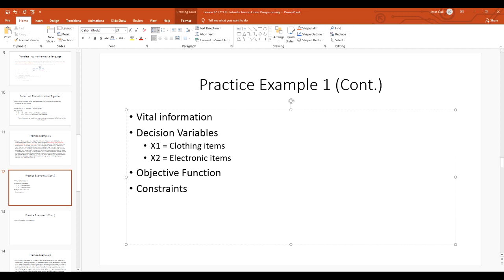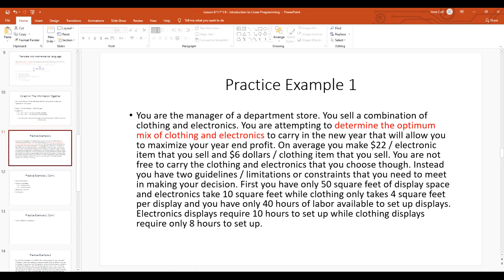Now we see again, as we go back, you are attempting to determine the optimal mix. Once we've found our decision variables, the next step is putting together our objective function. Now, our objective function is how we determine our ultimate goal.